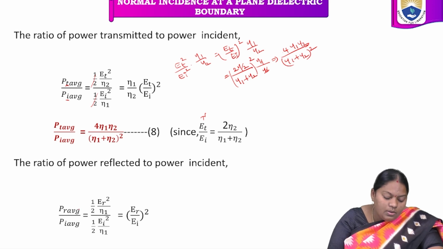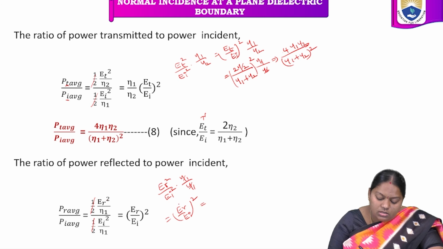Hence PR average by PI average equals half into ER square by eta 1 and half into EI square by eta 1. So this half and this half get cancelled. Now ER square by EI square into eta 1 by eta 1, both get cancelled. Then ER by EI whole square is to be obtained.